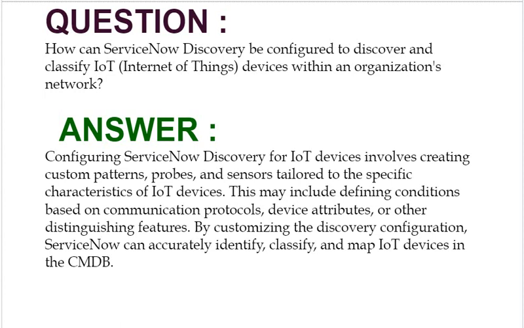This may include defining conditions based on communication protocols, device attributes, or other distinguishing features. By customizing the discovery configuration, ServiceNow can accurately identify, classify, and map IoT devices in the CMDB.